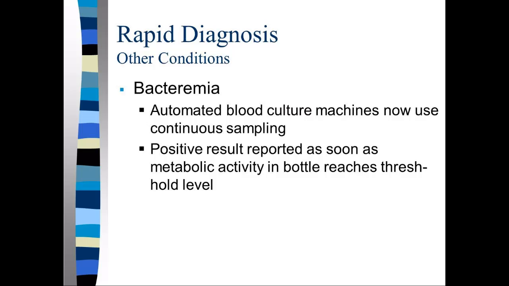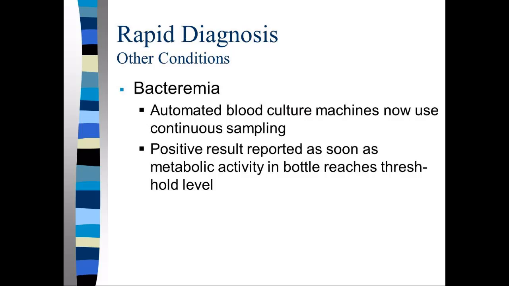So now, of course, they use automated techniques where the blood culture bottles are read on almost a continuous basis. So really, blood culture diagnosis now is a rapid diagnostic technique because your blood culture bottles can be called at any time of the day, not just twice a day like when I was a fellow.